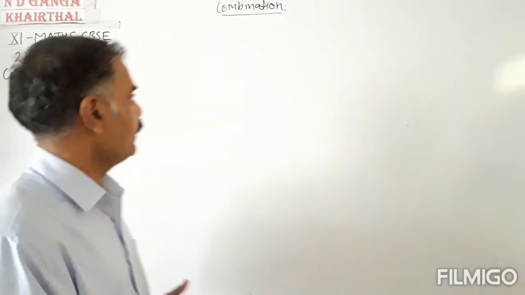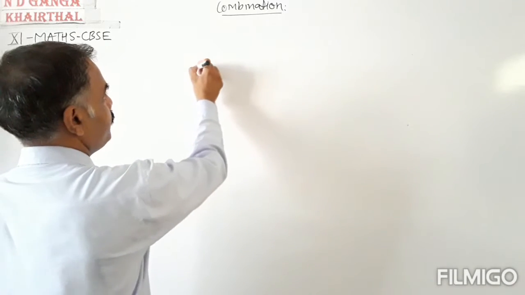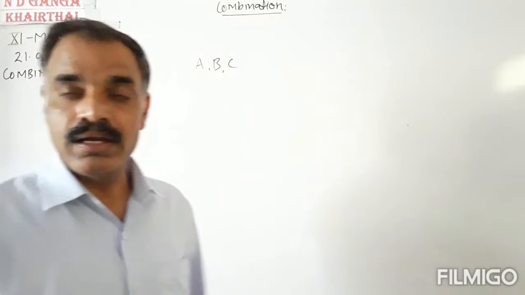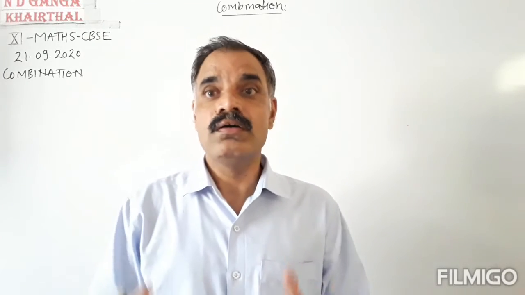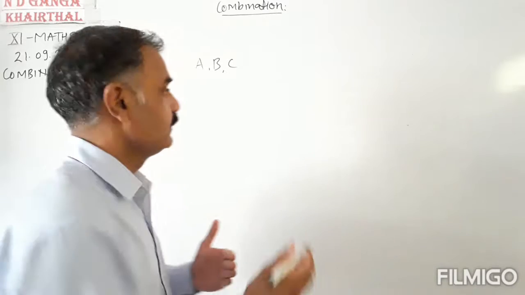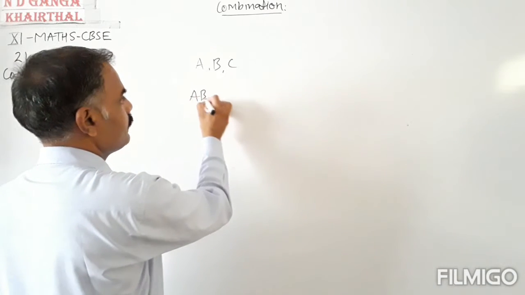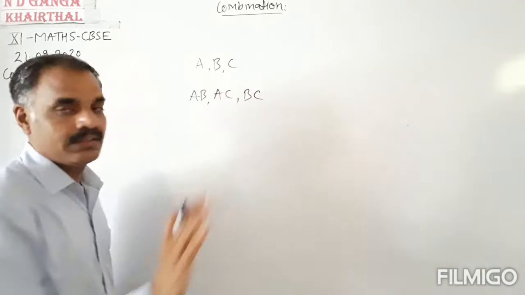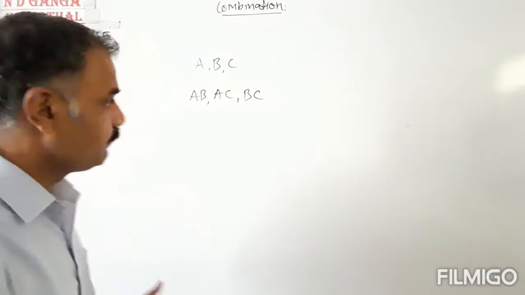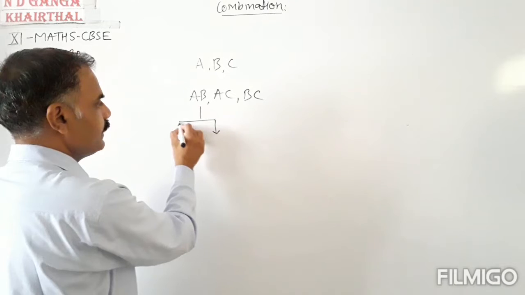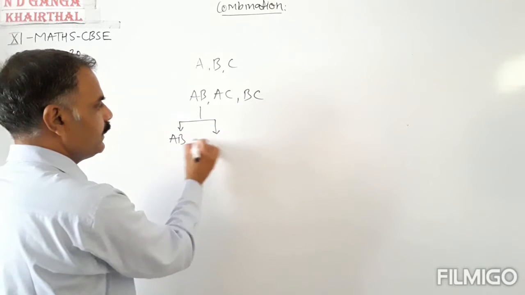Suppose that we have been given three alphabets A, B, C, and we have to make the combination of two objects. So combination means selection. So the selections are AB, AC and BC. These are the only selections, and for this selection AB, we have AB and BA.